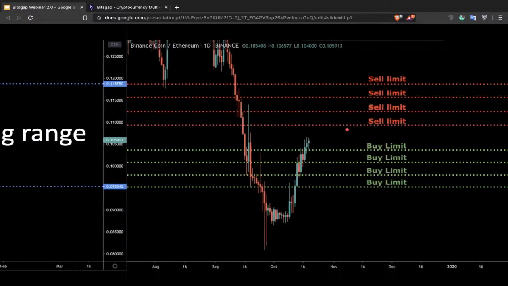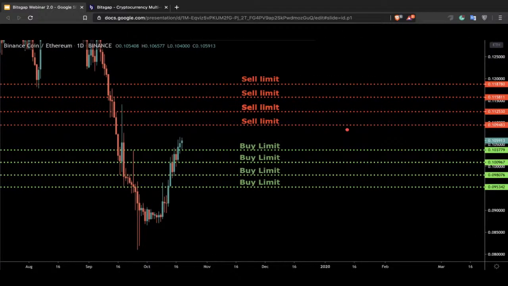Trading range, and we see that in this example 8 grid levels in total. So this can be 4 sell limit orders and 4 buy limit orders, but it can also be, let's say, you have more sell limit orders than buy orders, and the opposite, you can have more buy limit orders than the sell limit orders.